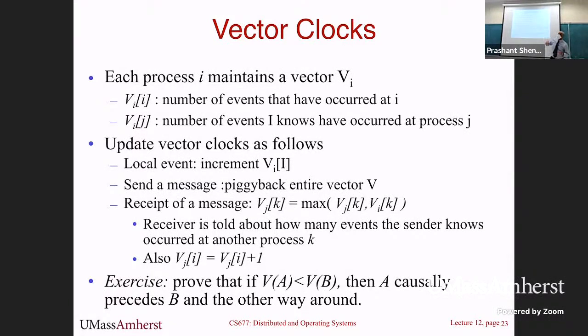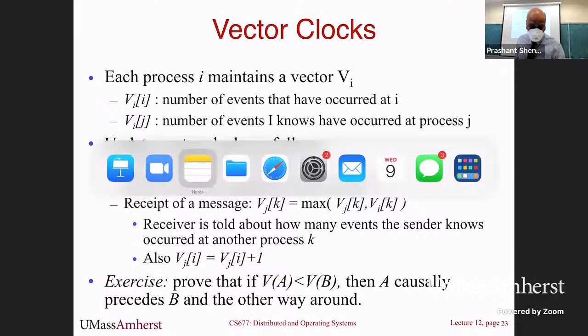Now, what do the other elements of the vector mean? The other elements of the vector represent what process i knows about the most recent event that has happened at process j. And this is based on sending of the message. We'll try to understand what this actually means. So rather than explaining this text, I'm going to explain with a figure, and then you can understand what all of this means.